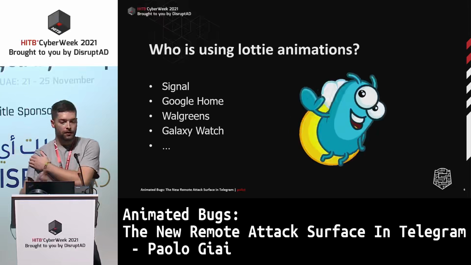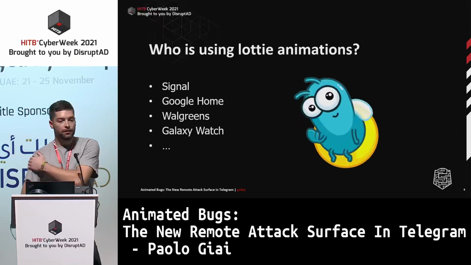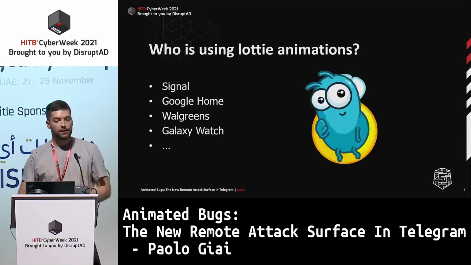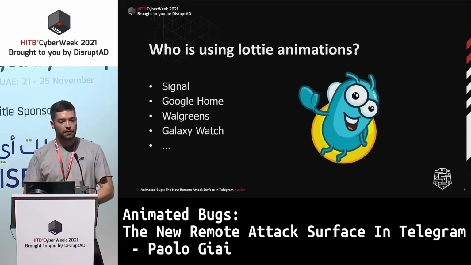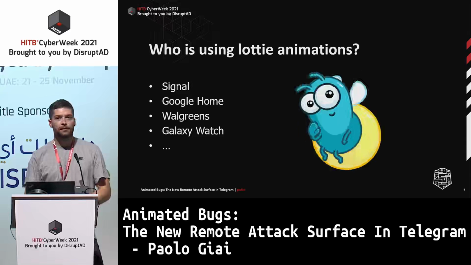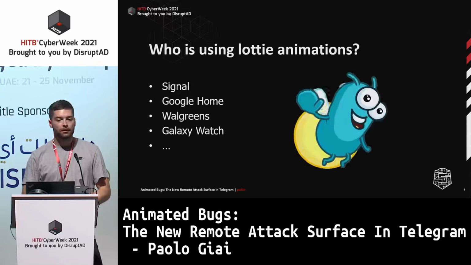You can see also other examples like the Galaxy Watch, because as we will see, Samsung developed a C++ library in order to parse and render Lottie animations called rLottie.